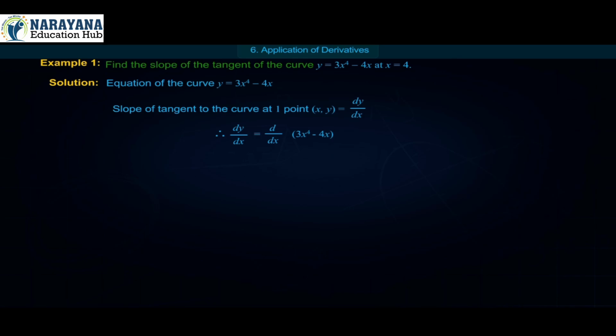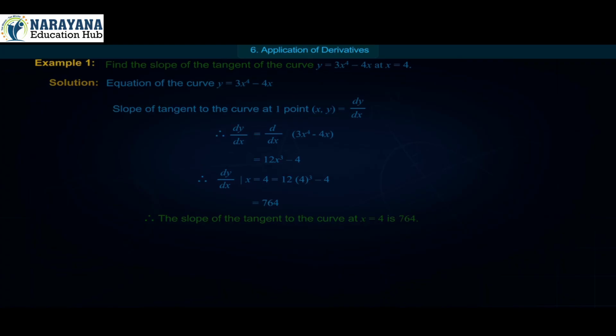Therefore, dy by dx is equal to d by dx of 3x raised to 4 minus 4x is equal to 12x cube minus 4. Therefore, dy by dx at x is equal to 4 is equal to 12 into 4 cube minus 4 is equal to 764. Therefore, the slope of the tangent to the curve at x is equal to 4 is 764.